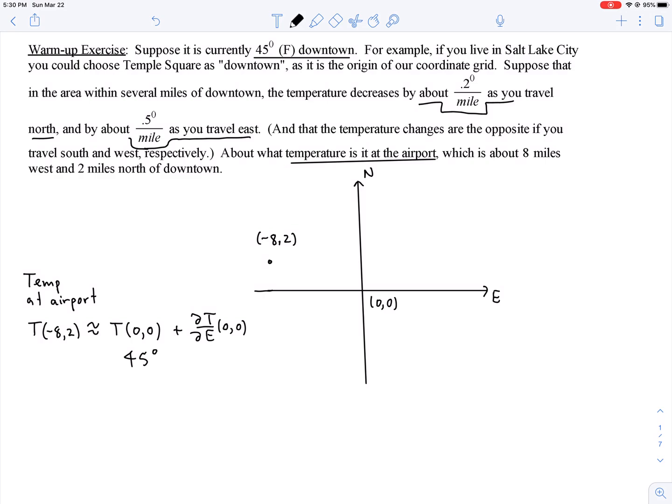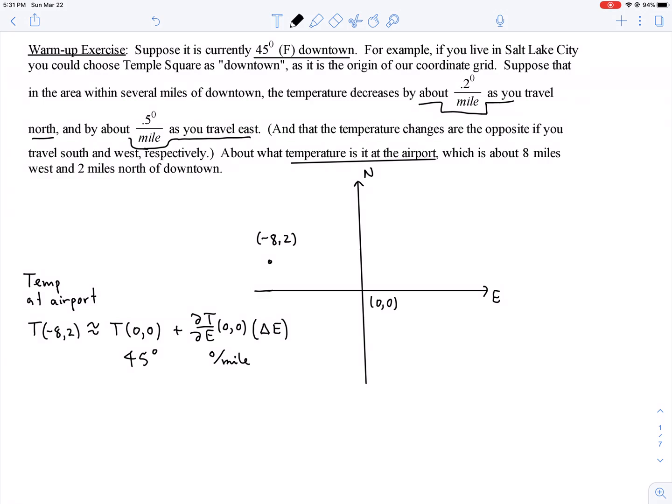Now to get how much it's changed between downtown and the airport, as I move in the east direction, I have to put in how fast it's changing in the east direction, which is degrees per mile.